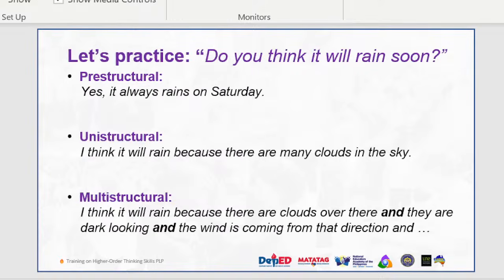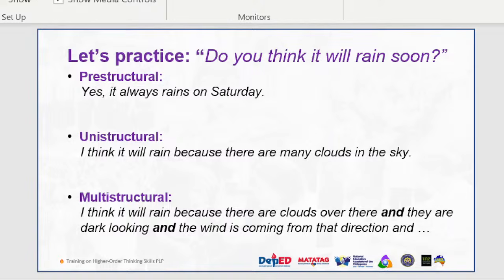So let us practice. For example, the teacher asked this question. Do you think it will rain soon? So the pre-structural answer, yes, it always rains on Saturday. A unistructural answer, I think it will rain because there are many clouds in the sky.